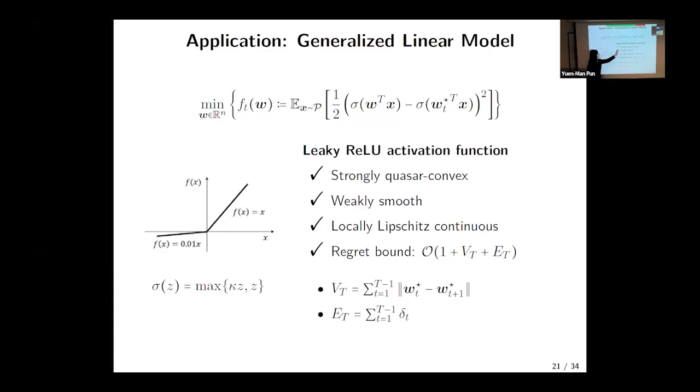This Leaky ReLU just leaks this part, so the slope of this part is very, very small, but it makes things much easier to study. In this problem, we would have strong Quasar-Convexity with smoothness and also local Lipschitz continuity. Then we can apply our results and establish the regret bound in terms of the cumulative path variation and also the cumulative gradient error.